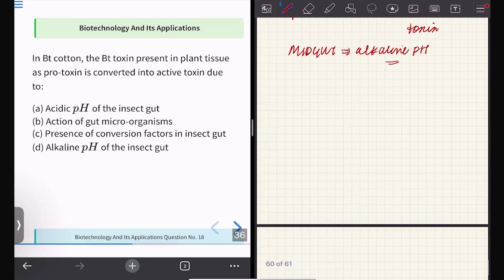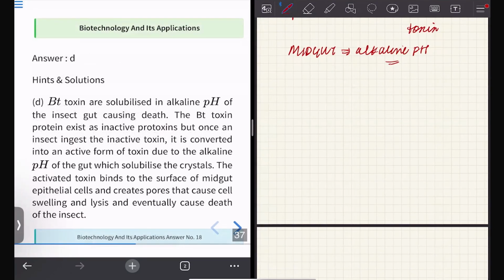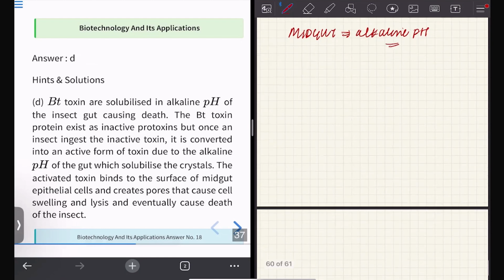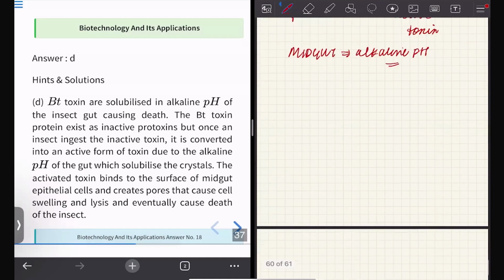They are solubilized in alkaline pH of the insect gut, causing death. The Bt toxin protein exists as an inactive protoxin, but once it enters the gut of the insect, due to the presence of alkaline pH, it gets converted into the active toxin, which causes the insect to die. So this is the mechanism of action of Bt toxin.